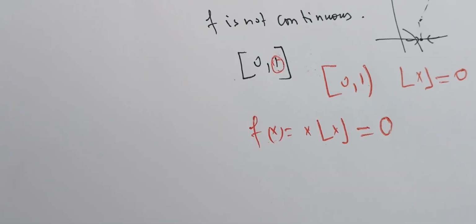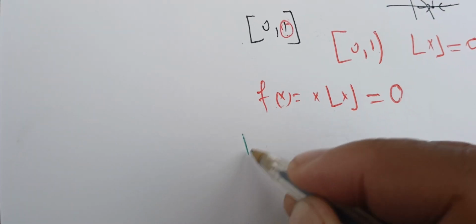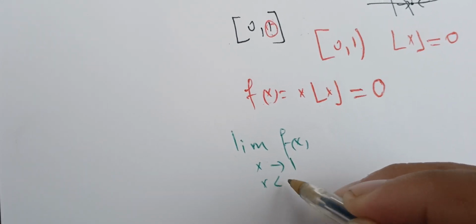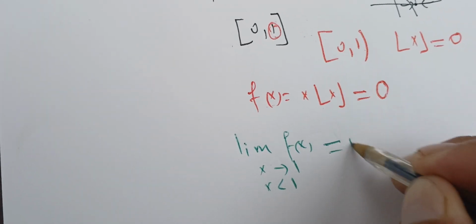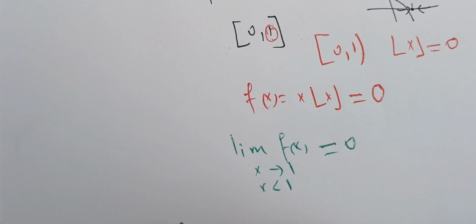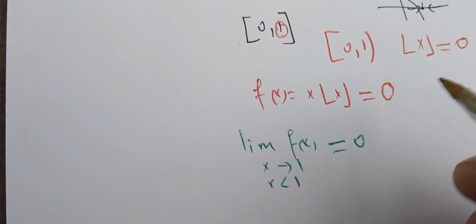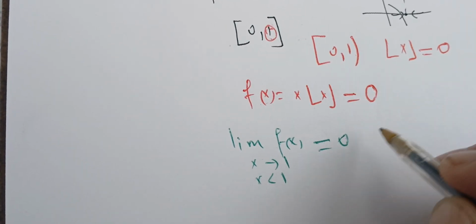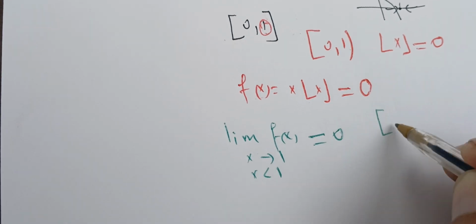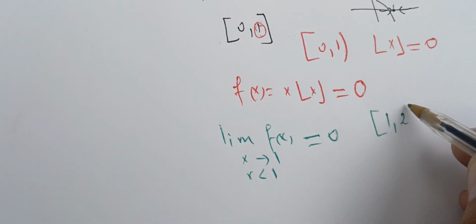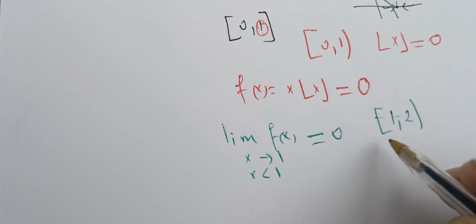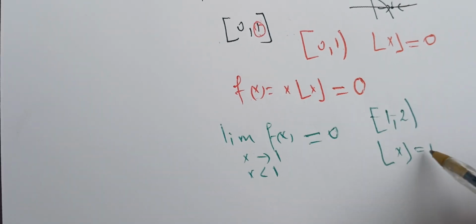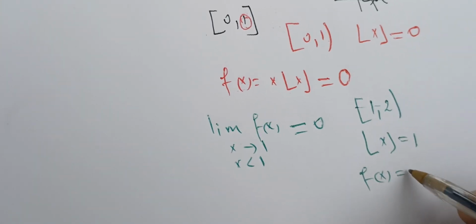Now if we take the limit of f of x as x goes to 1 from the left, we have 0. Now if we want to take the limit from the right, we see here on this interval 1, 2 that the floor of x is just 1, and in this case f of x is just x.